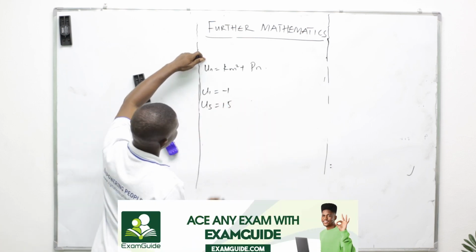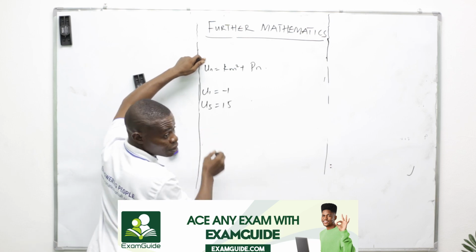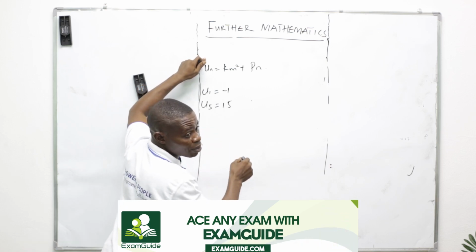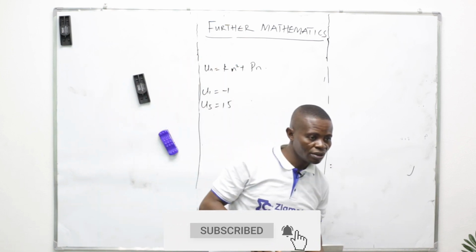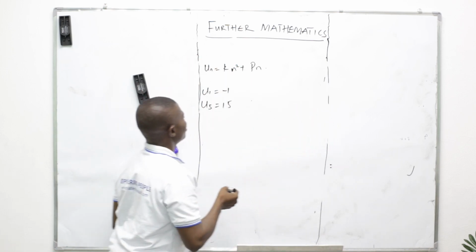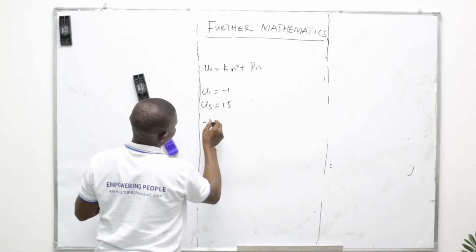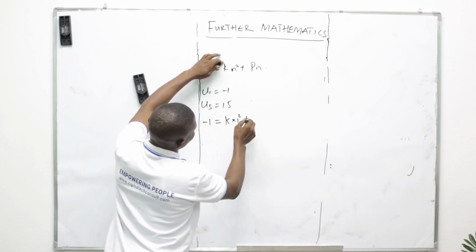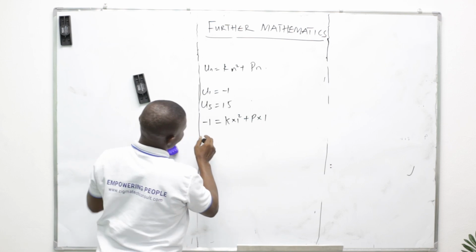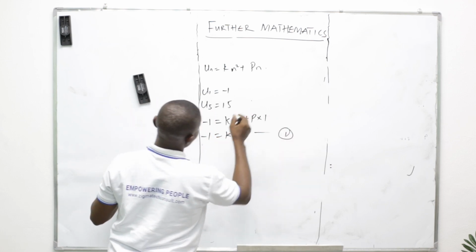For u1, minus 1 equals k times 1 squared plus p times 1. Minus 1 equals k plus p, equation 1.